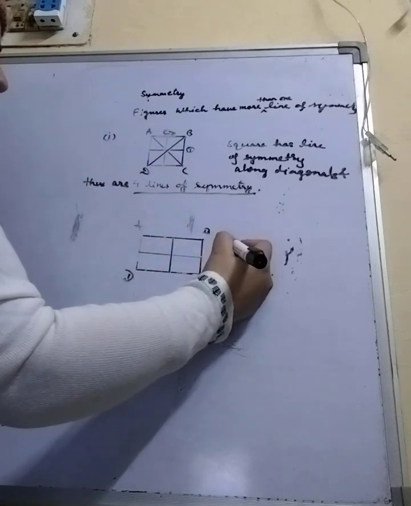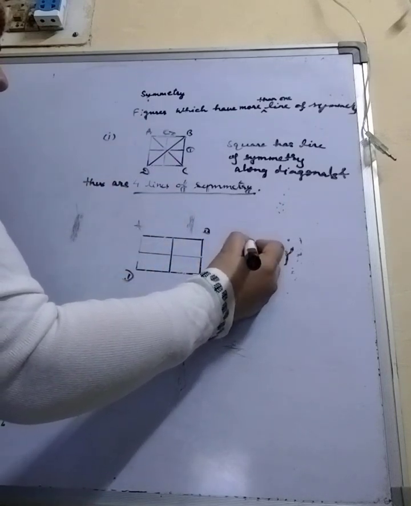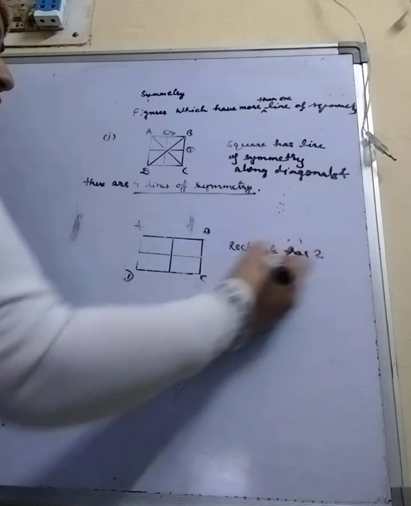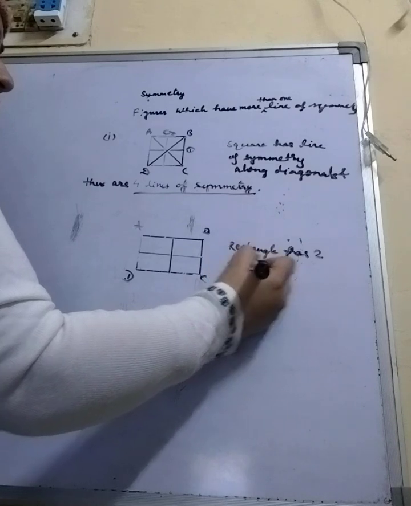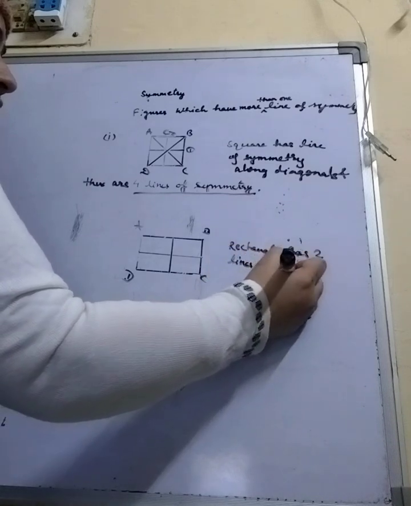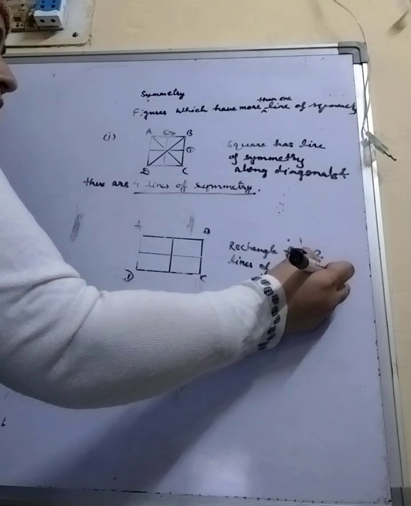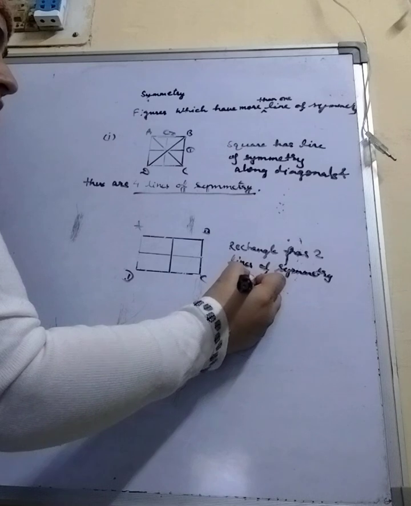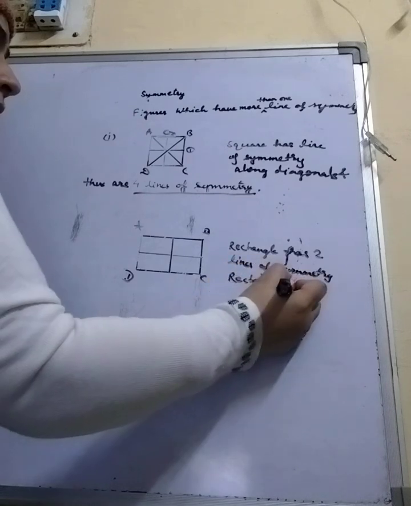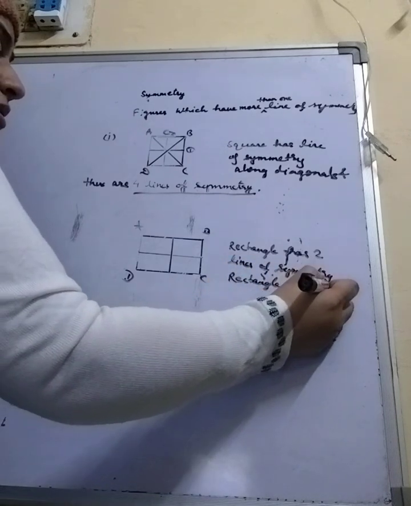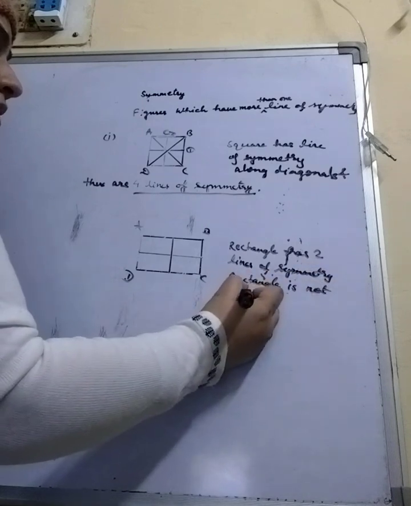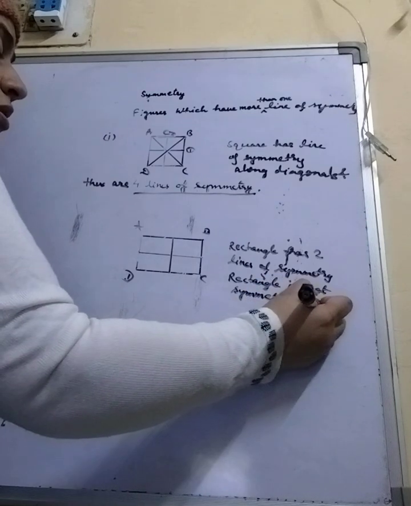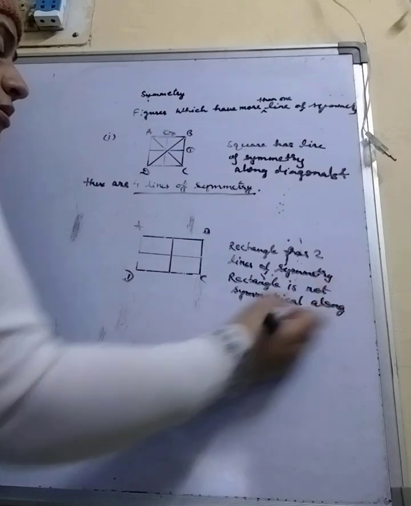In this you will write that a rectangle has 2 lines of symmetry and a rectangle is not symmetrical along diagonals.